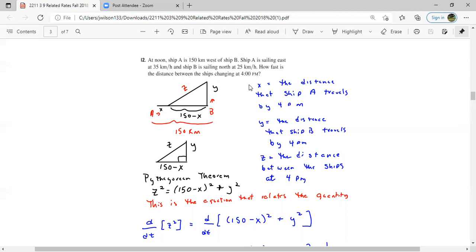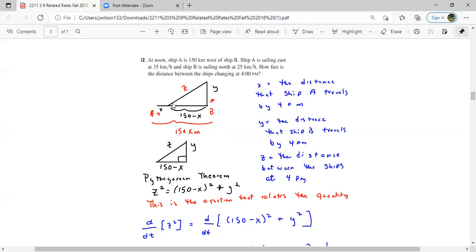Okay, so when we look at what we've got, we have a right triangle. And a lot of times what we use with the right triangle is the Pythagorean theorem. The Pythagorean theorem says that this leg squared plus this leg squared equals the hypotenuse squared, because the hypotenuse, the side across from the right angle, is always the c. So it's a squared plus b squared equals c squared.